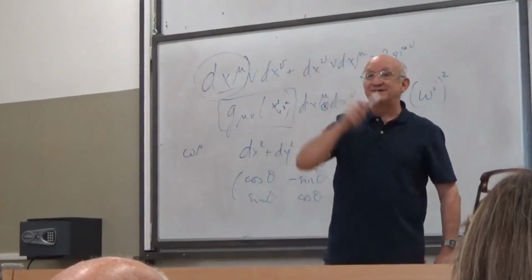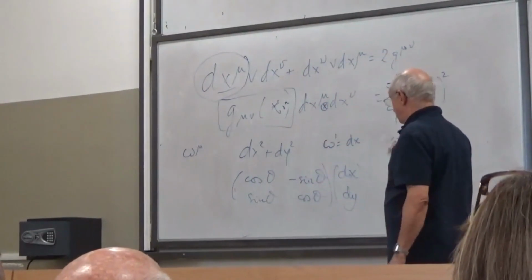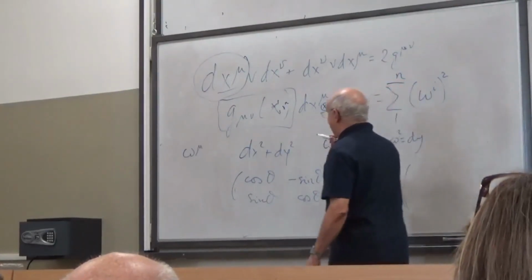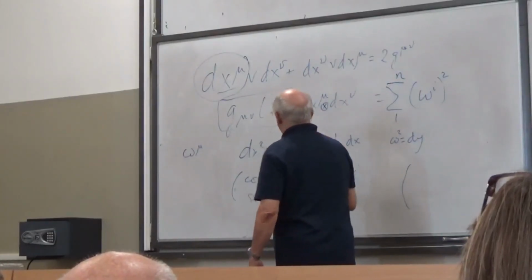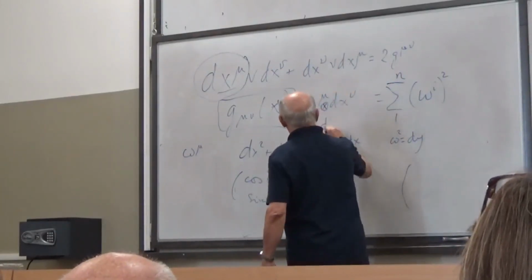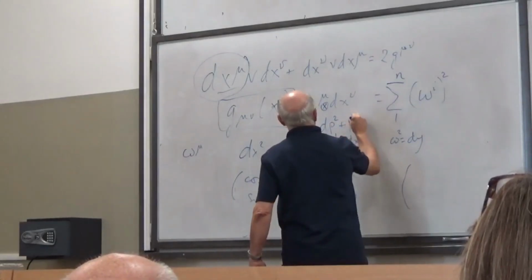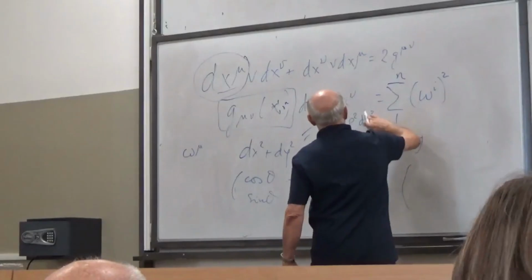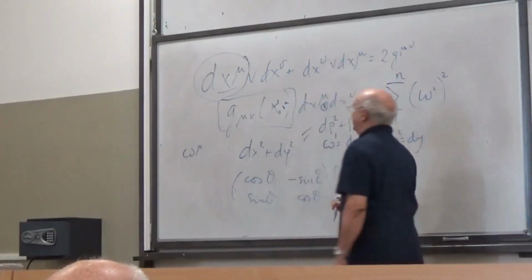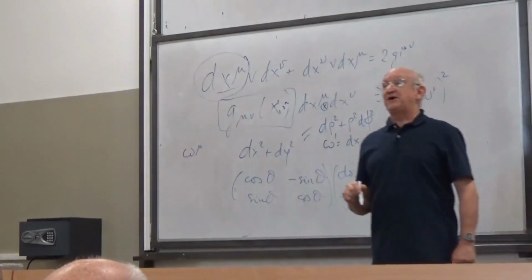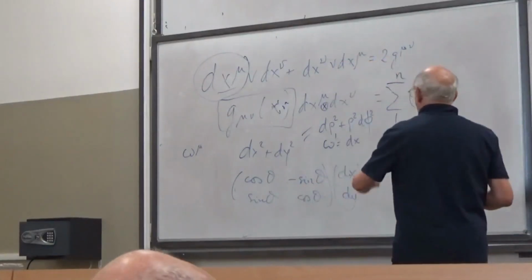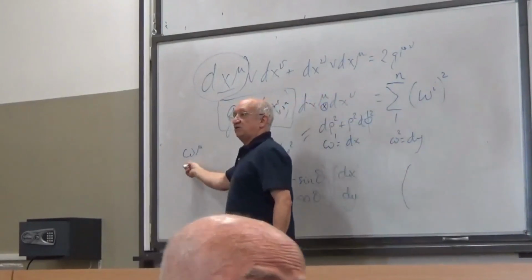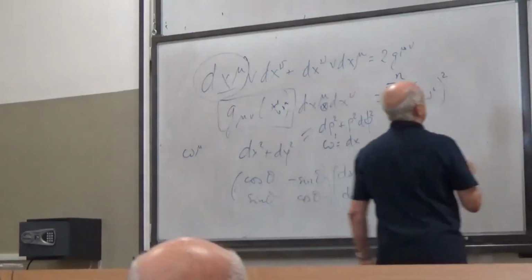That's very important for 2 reasons. For one, I say that I can give the metric as d rho squared plus rho squared d phi squared. So that is the same metric by my definition. So what are going to be, in terms of this system, those omega mu?